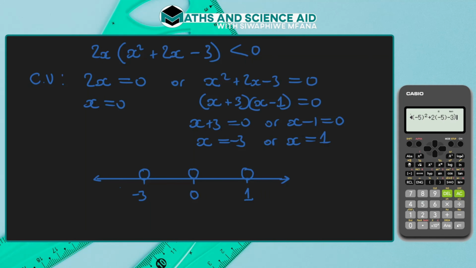So let's see what's the sign of the value we get. We get −120. The important thing is that it is negative, so we write a negative sign there. And then we move on to the second interval.